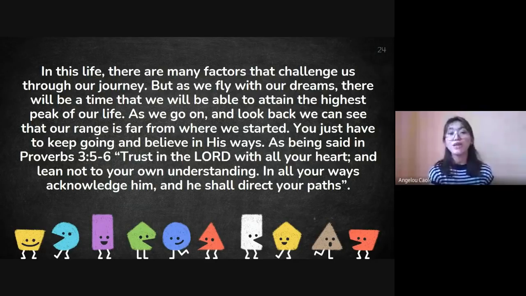As we go on and look back, we can see that our range is far from where we started. You just have to keep going and believe in His ways. As it is said in Proverbs 3:5-6, trust in the Lord with all your heart and lean not on your own understanding. In all your ways, acknowledge Him and He shall direct your paths.